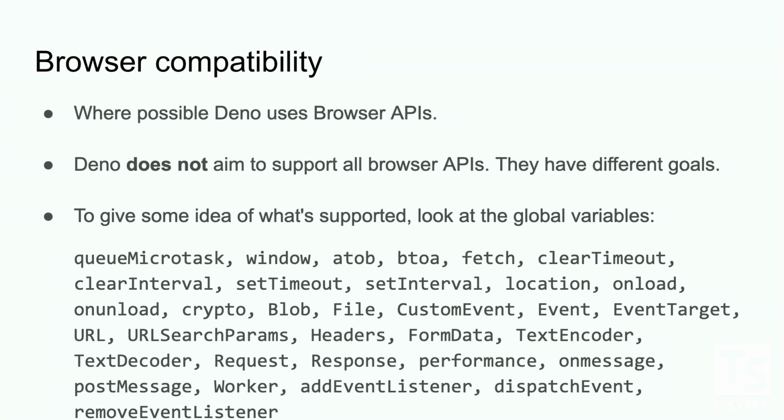There are a lot of APIs that don't necessarily overlap with the browser, right? If you're opening a socket or whatever, we have our own APIs for those sorts of things. But in the situations where we do overlap with browser functionality, we try to use the browser APIs.